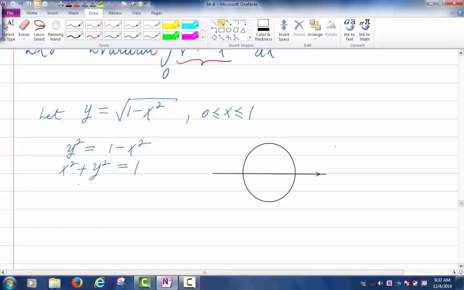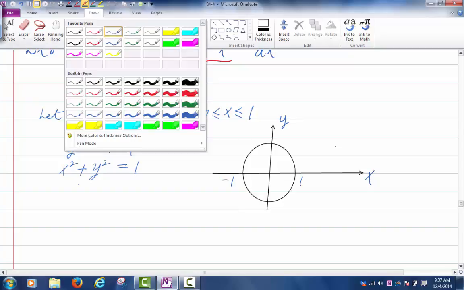You agree with that? X squared plus y squared equals 1. That's the circle of radius 1, centered at the origin. And what part of the circle do I get? This quadrant 1 part? Yeah, here is negative 1, here is positive 1, right, on the x-axis. And we get this part here.